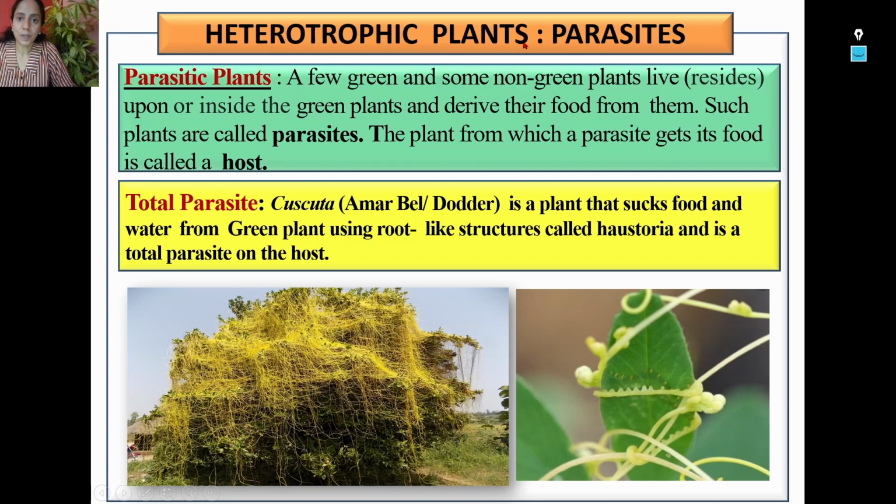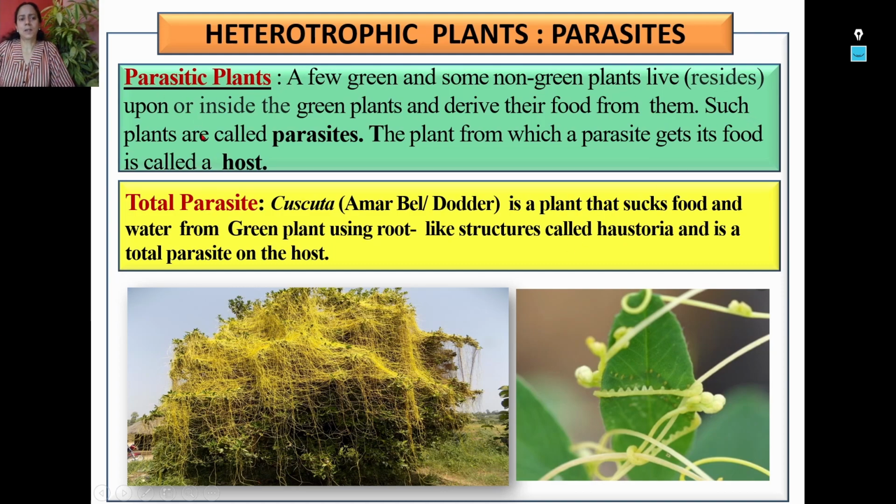So it's heterotrophic mode. Heterotrophic plants, its first subtype is parasites or parasitic plants. Such plants are very interesting, viewers. You will be amazed to know that there are a few green plants and some non-green plants that live upon or inside the green plants and derive their food from them.